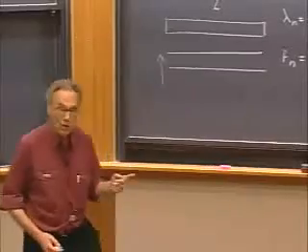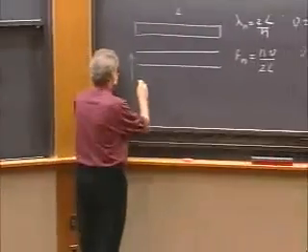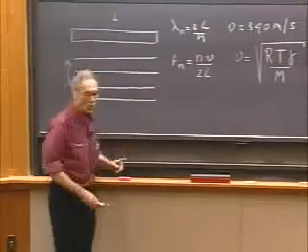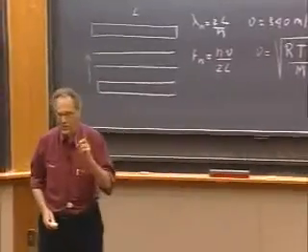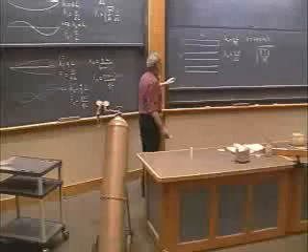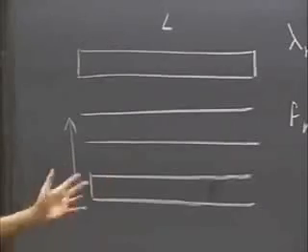Now in the case of sound cavities, it is very easy to make a system which is closed at one end and which is open at the other. That is very easy. Which you cannot do with strings, you can do here. And so in this case, one side of the cavity is closed and the other one is open.